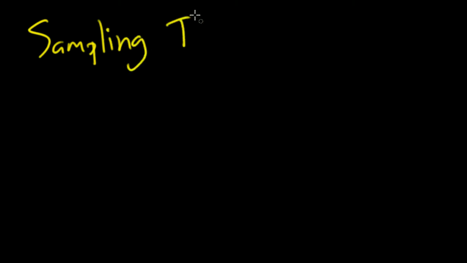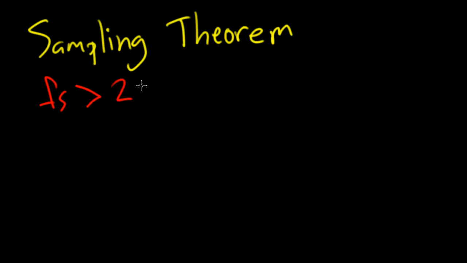Now, the sampling theorem, which you might have heard called the Nyquist-Shannon sampling theorem, perhaps, although it was discovered independently by various people, you may have heard of it stated something like this: the sample rate, f of s, must be greater than twice the frequency of interest. And remember that people who are stating the sampling theorem in this way, or something similar to that, are thinking about real valued signals.